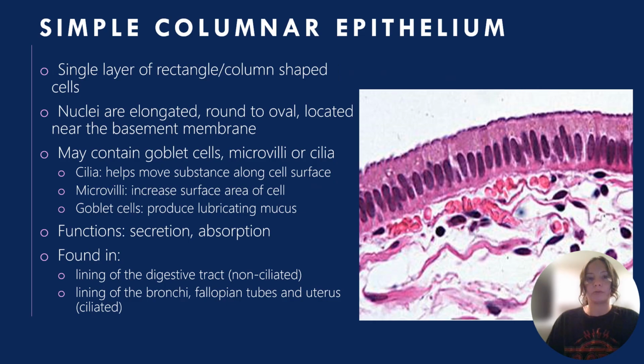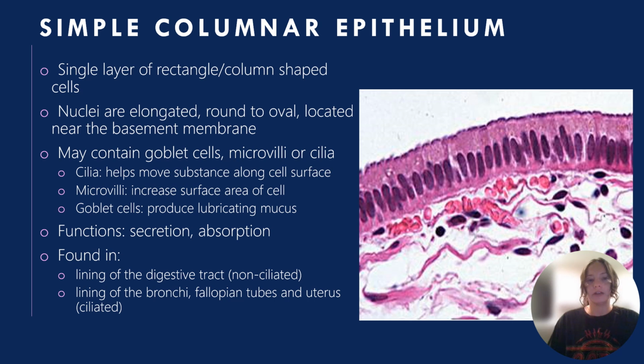Going on to the simple columnar epithelium, this is a single layer of rectangle or column-shaped cells. The nuclei are considered to be elongated, round to oval, located near the basement membrane. They may contain goblet cells, microvilli, or even cilia. Cilia help move substances along the cell surface.